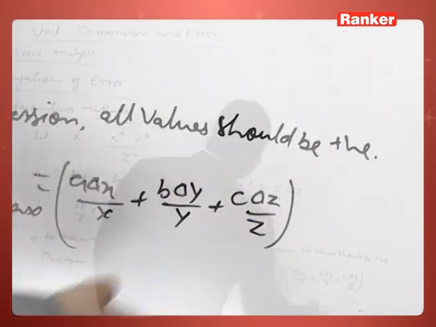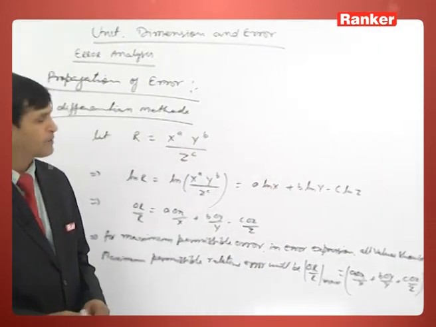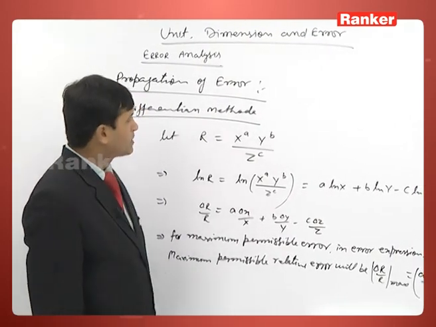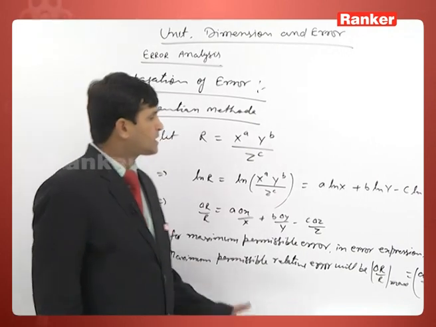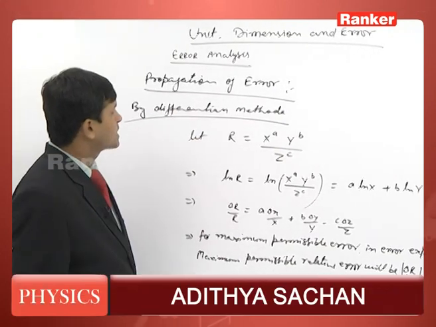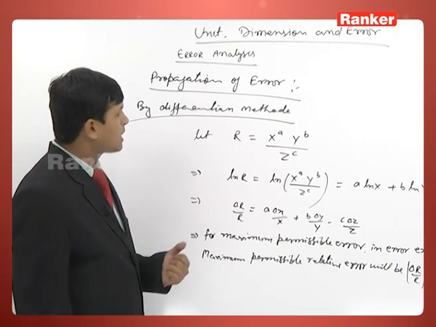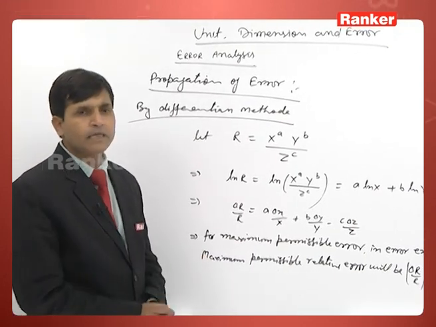This is the way of expressing maximum permissible error. Then multiply with 100, so we can get the percentage error. So this is the method of calculation of error. Now see a few examples based on the calculation of error.